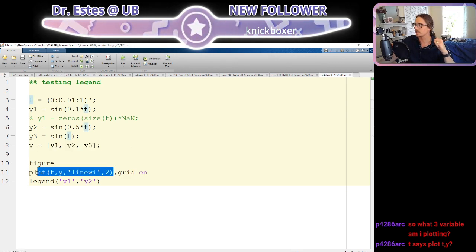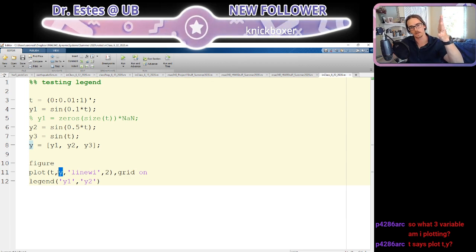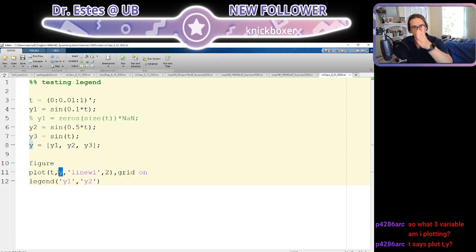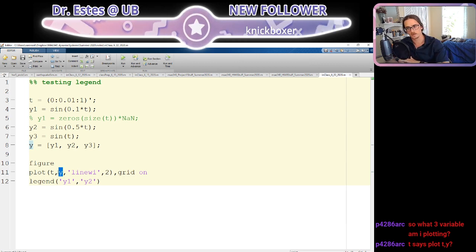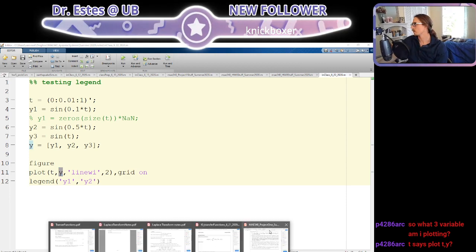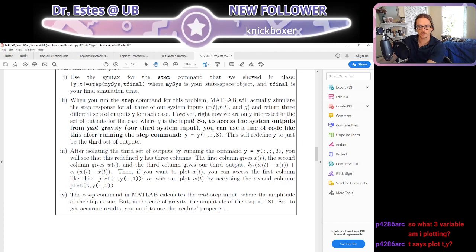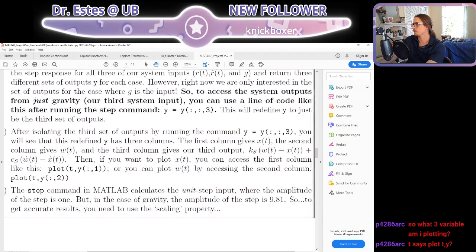So if you go plot t, y, it's going to plot t against this matrix y, and it's going to take each of the columns of y and show that as a separate line. Because this matrix has 3 columns, it does 1 line for each column. So in here, I tell you how you can plot each of them individually if you want.